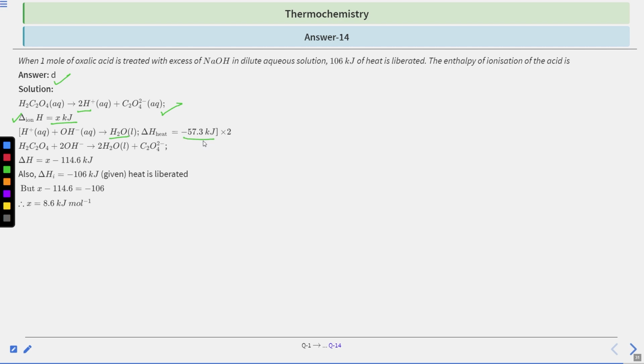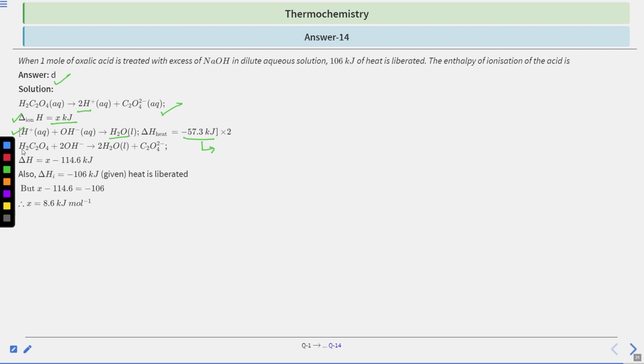And this is constant. We have studied that the heat of formation for H2O is minus 57.3 kilojoule, but here we have two ions of H+, so we multiply this reaction by 2, so the enthalpy will also be multiplied by 2.